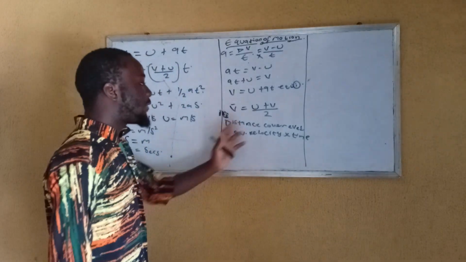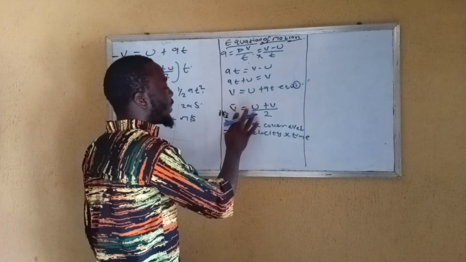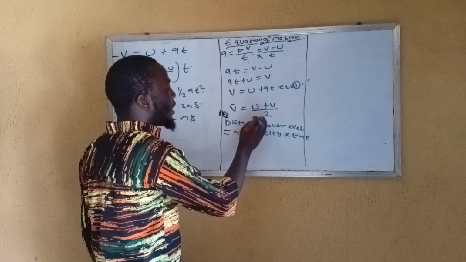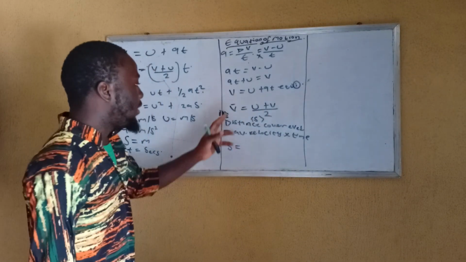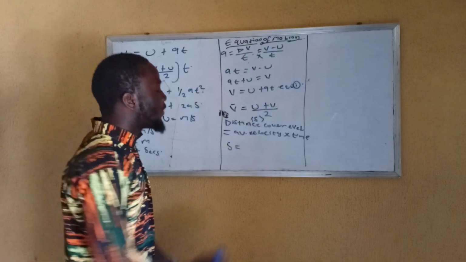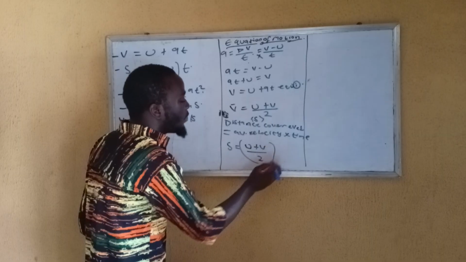So since distance covered is equal to average velocity multiplied by time, and distance covered is represented by s, you can say s is equal to average velocity, which is (u plus v) over 2, multiplied by time.